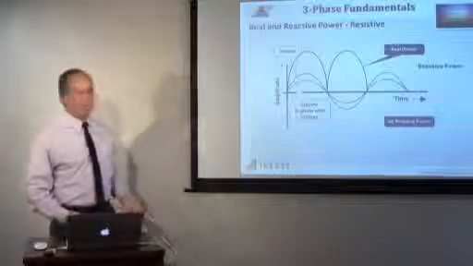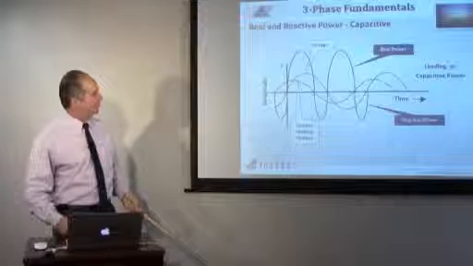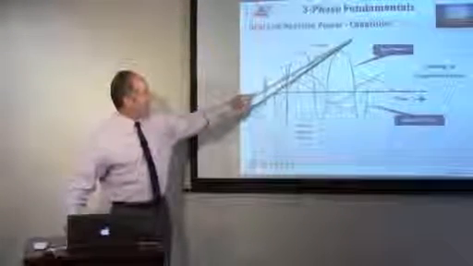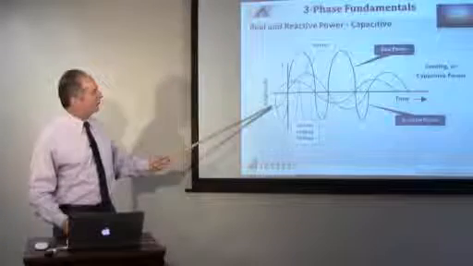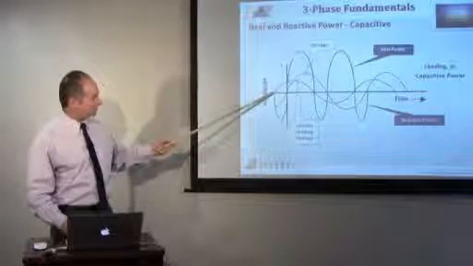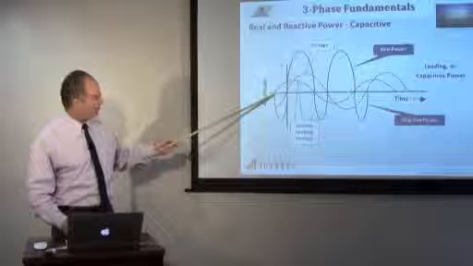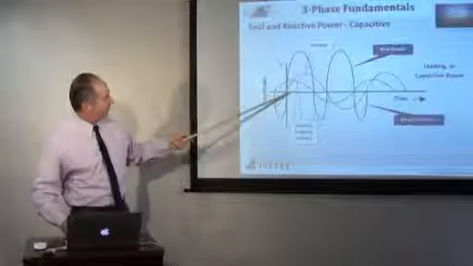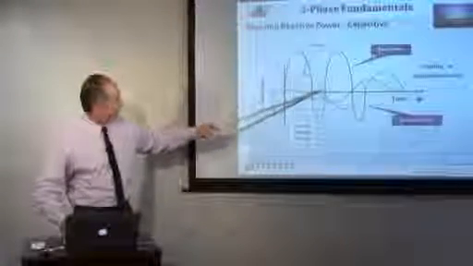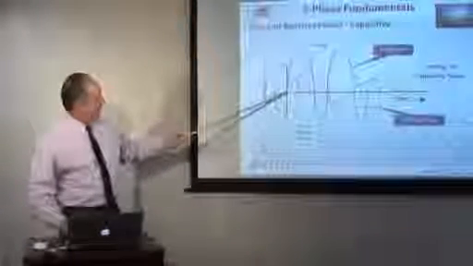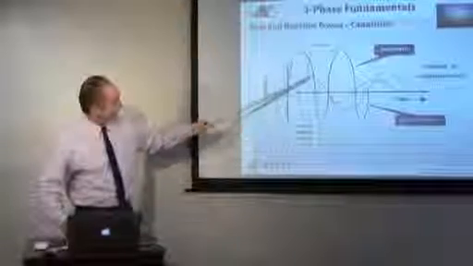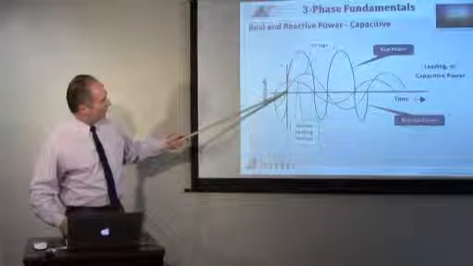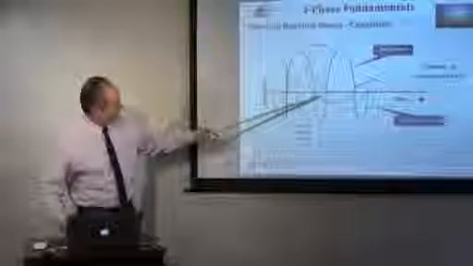Now, what happens if we have leading or lagging? In this case, we have capacitive, and in capacitive, we have leading current. Here's our voltage. When the voltage is positive, the current is positive only to this point, and then the current's negative here.